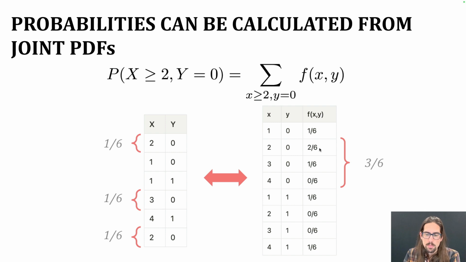Why is that the same? Because this 2 just comes from this row and this row. So again, it's just counting. I'm counting first by grouping and then summing the counts, or I'm counting directly in the population data. The density is just like a pre-grouped version of the population data, with things counted up and normalized by the total number in the population.